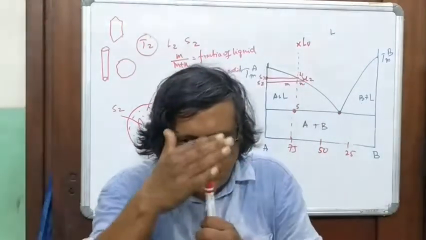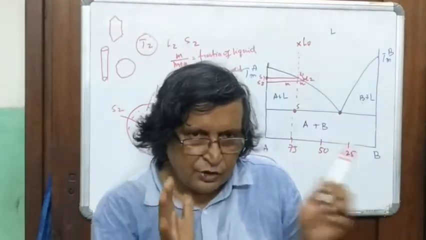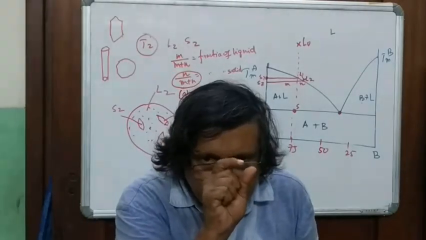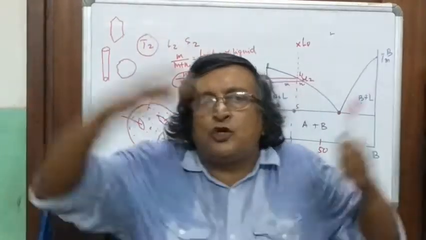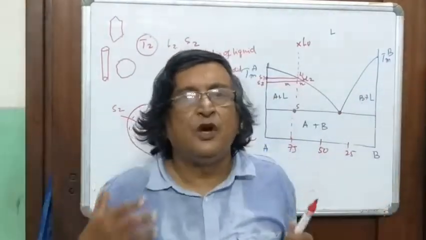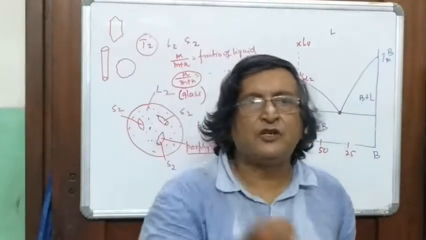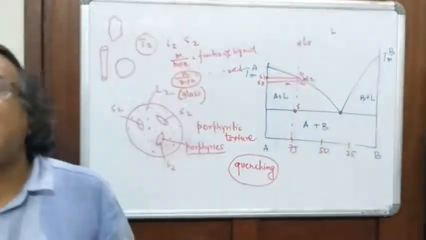That means a crystal can grow to its own shape and size. When grain to grain contact is achieved, then what happens? The crystals cannot grow to their size because it is impeded by the surrounding matrix of crystals. So crystals don't grow to their full size.